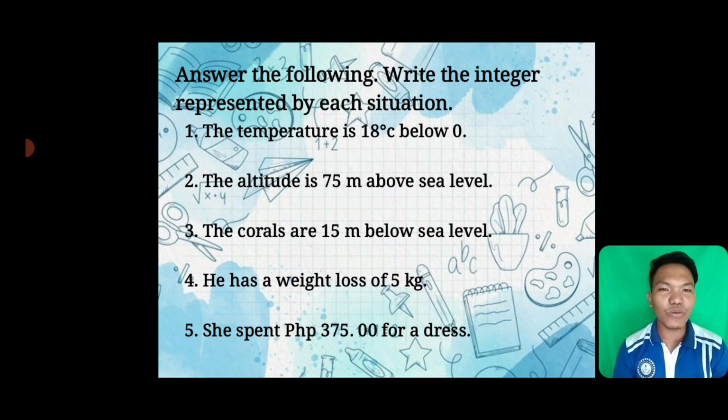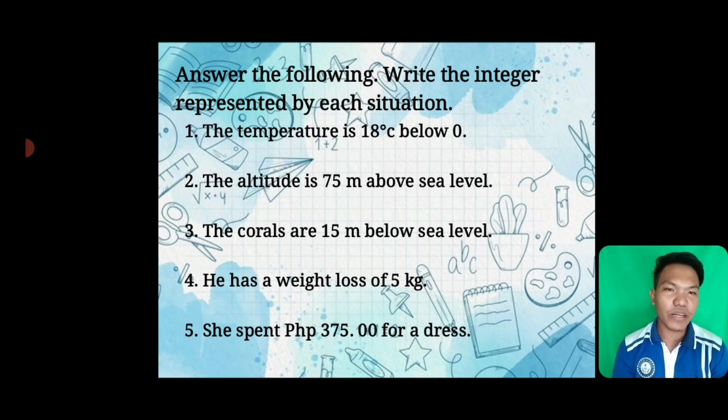So, for number 2, the altitude is 75 meters above sea level. So, it is positive 75. The keyword is, we need to be knowledgeable when it comes to keywords. So, for the temperature, for the number 1 question, the keyword is below, which is negative.